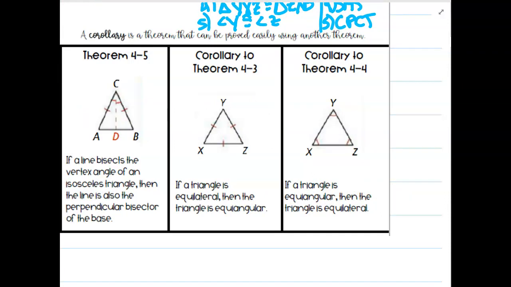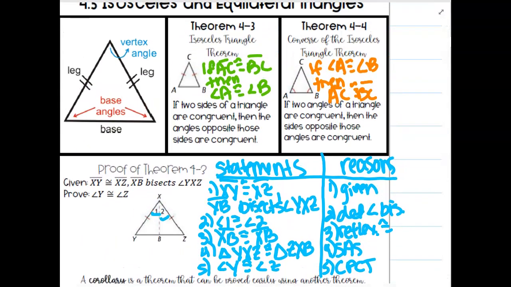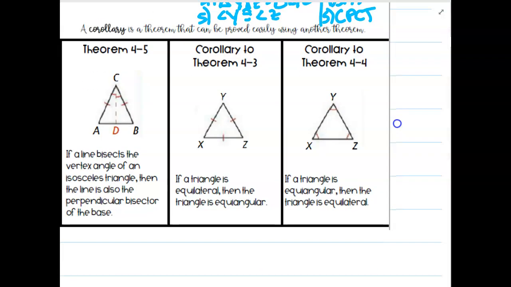So equilateral triangles are triangles that have three congruent sides. So not just two, but all three sides are congruent. So corollary to theorem 4-3, okay, so that's this one. So theorem 4-3, remember, says if you have two sets of congruent sides, the opposite angles are also congruent.